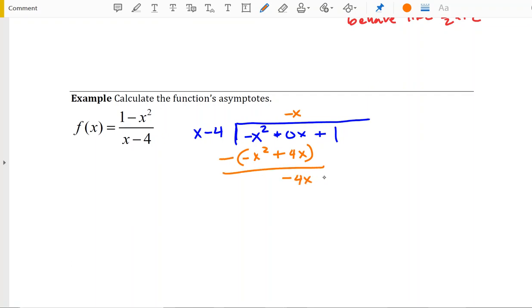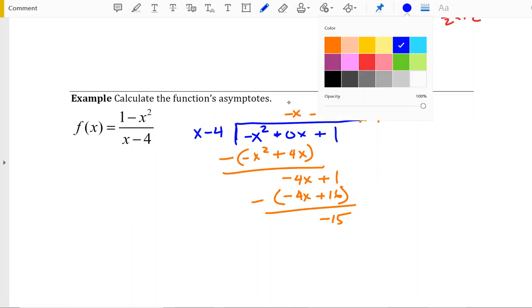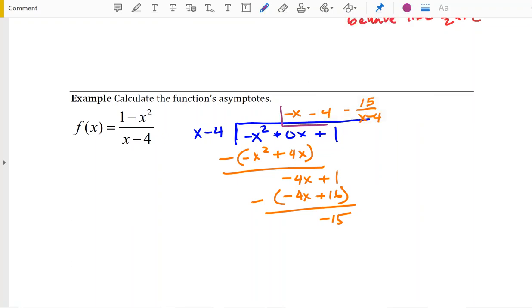So we'll have negative 4x plus 1, and then we will get negative 4. So negative 4x plus 16. Again, we are subtracting. Get negative 15 as our remainder. So we get minus 15 over x minus 4. But again, the part that we care about is this linear function here in front that represents our oblique asymptote.